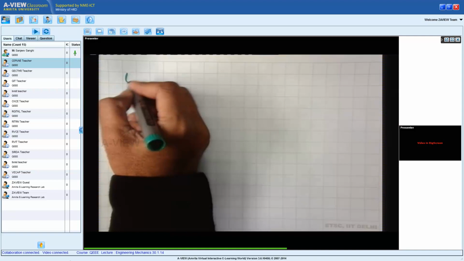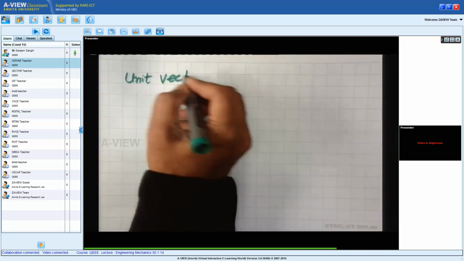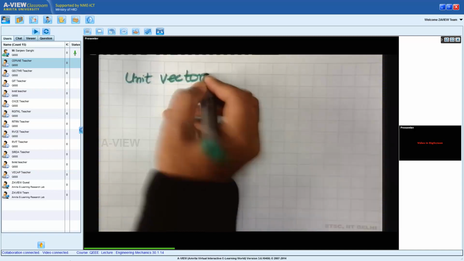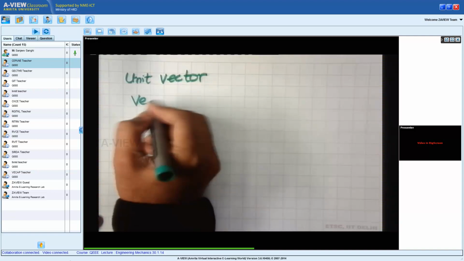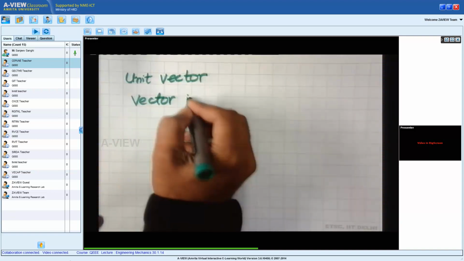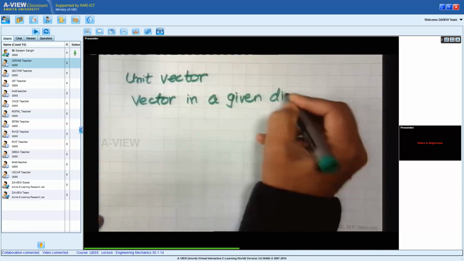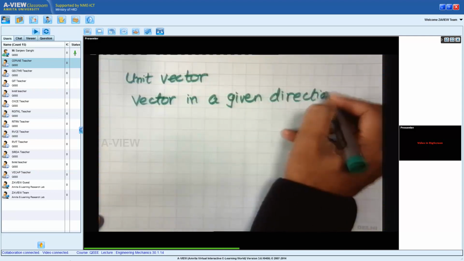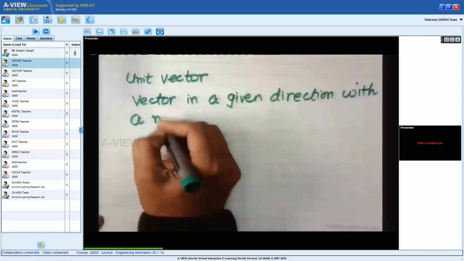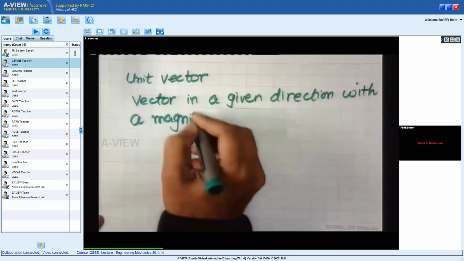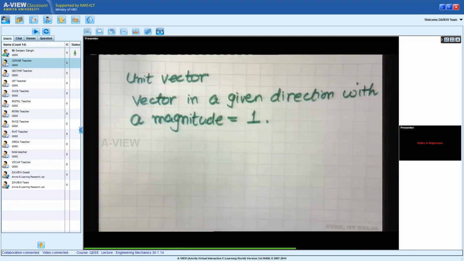Now, the first thing we see today is the concept of a unit vector. A unit vector is a vector in a given direction with a magnitude equal to 1.